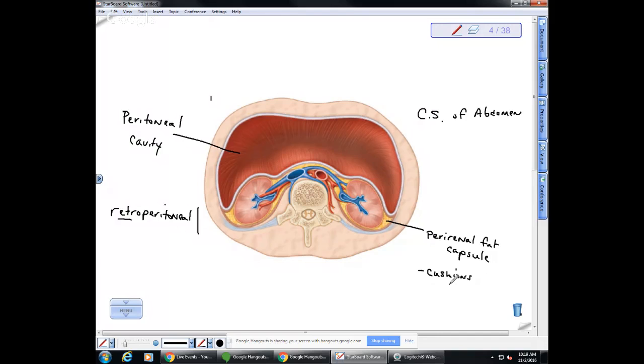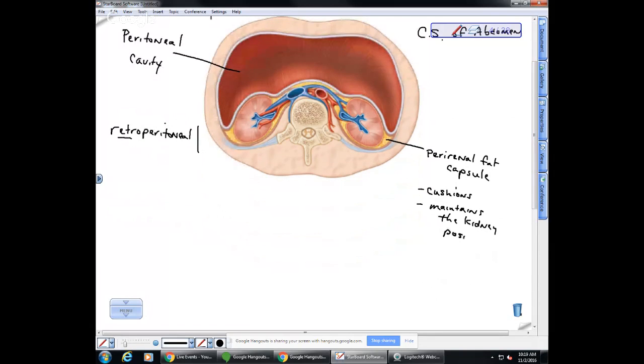Now, the other thing that it does is it maintains the kidney's position. In extreme cases, when people lose all of their body fat, say maybe they're anorexic or they've been going through a famine, the kidney can actually drop.